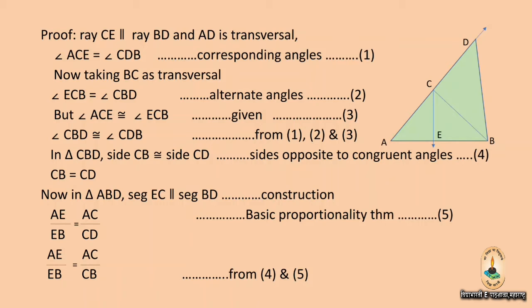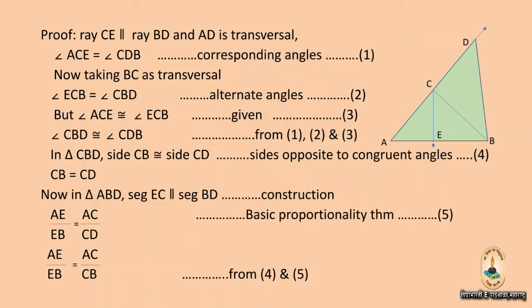In this triangle, we get angle D congruent to angle B and therefore the sides opposite to these angles are congruent, so in triangle CBD, side CB is congruent to side CD. Number this as 4, that is CB equal to CD.